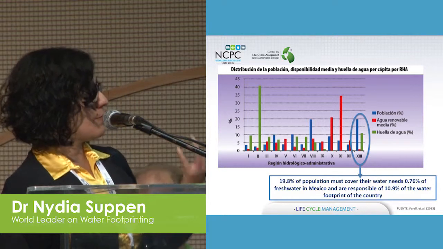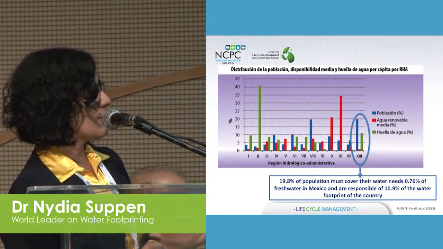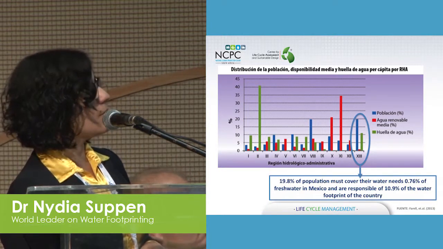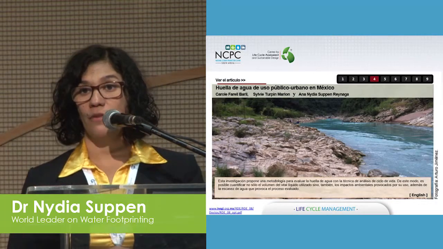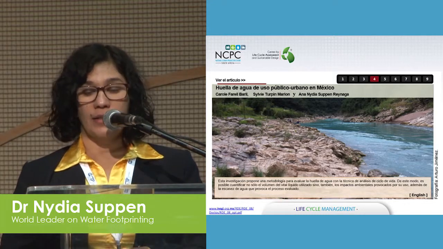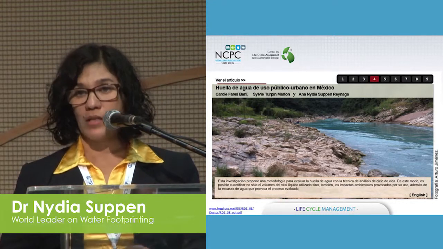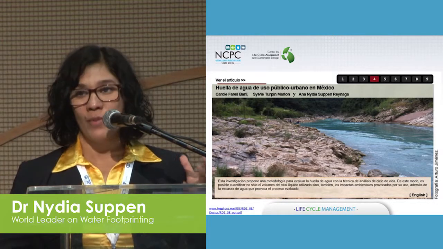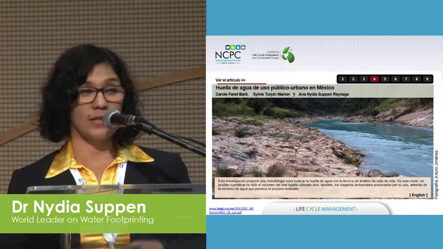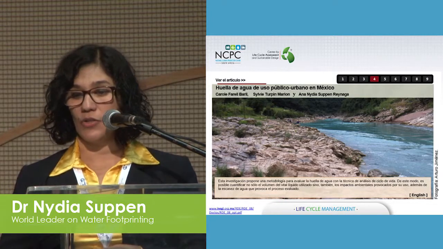So those are the type of information that you can get when you are quantifying the water footprint, and these people are responsible of 10% of the water footprint of the country. So you can get into providing policymakers with good information about not only how much water, but what type of impacts considering availability and degradation.